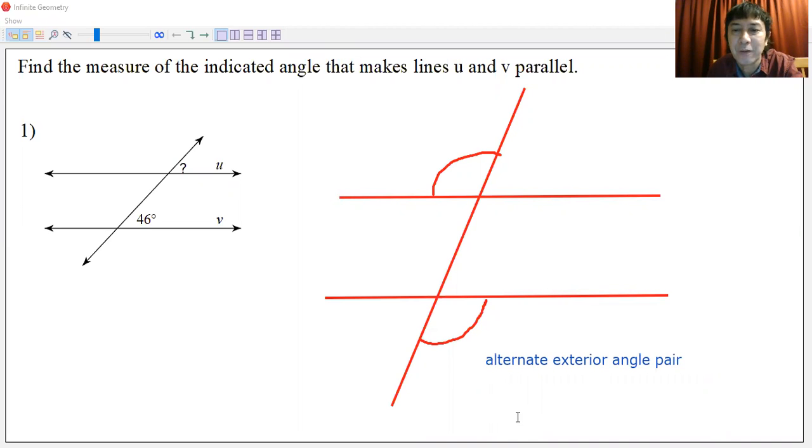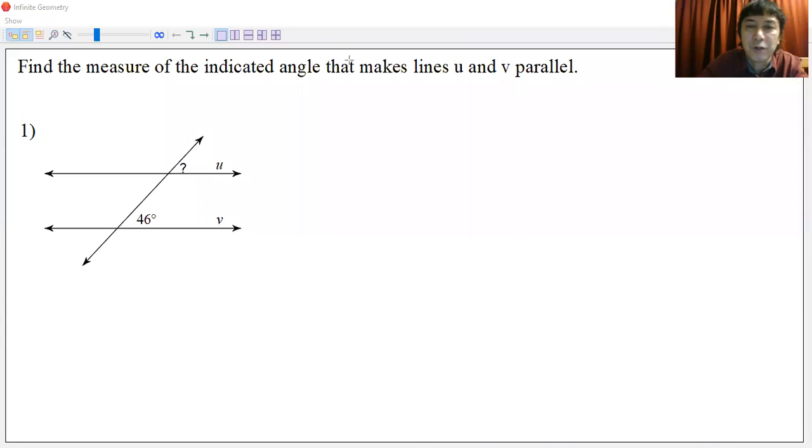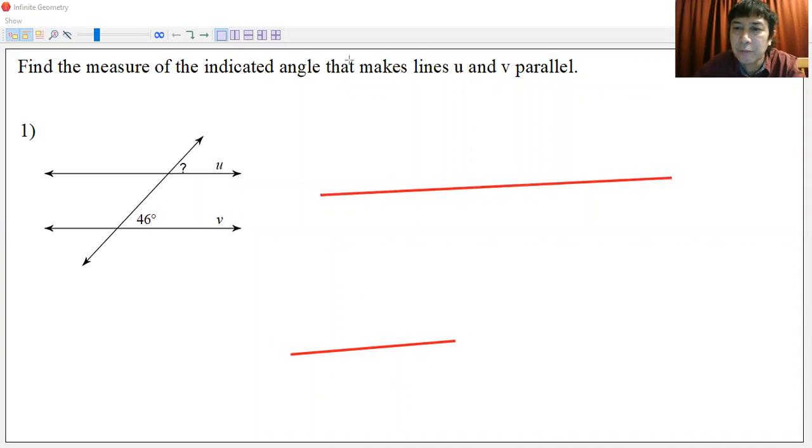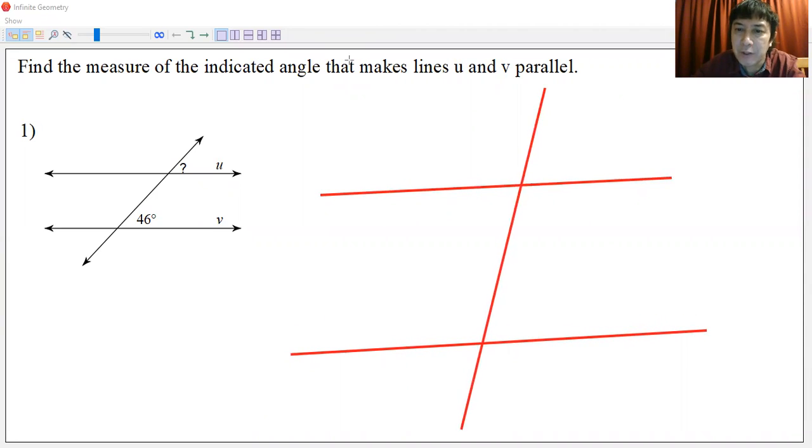All right, the fourth angle pair. We have two lines and a transversal, one angle here and another one over there.